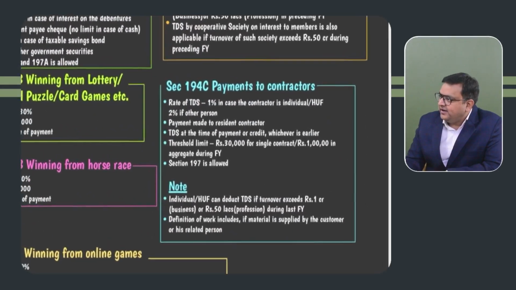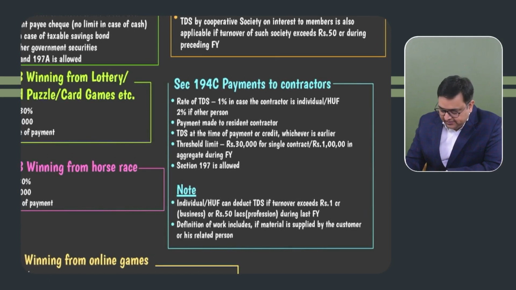194C, quite an important section. Most of the time the examiner will ask you about 194C. This is payment to contractor. So whenever we are making a payment to a contractor, if it is a single contract, the threshold limit is 30,000. In case it is a multiple contract, then we have to see the aggregate of it. If the aggregate is more than 30,000, start deducting TDS, or if it is not more than 30,000 but the aggregate exceeds rupees 1 lakh, then TDS will be deducted.